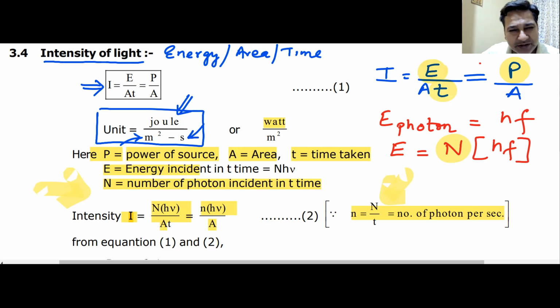The NEET people are very lazy. They don't make new questions. They just repeat the questions. So we'll only do questions which have already come, because that covers everything that has come up till now. There cannot be anything new, right?